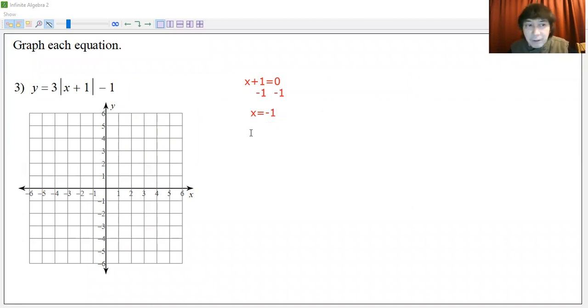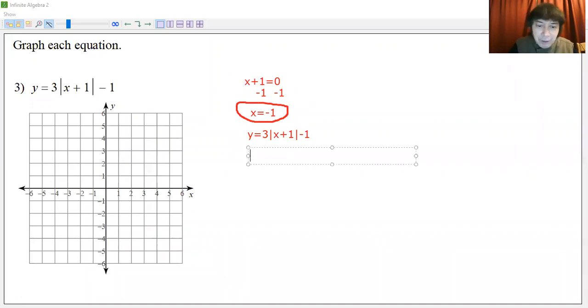We will now use this value of x in the function to compute for the y coordinate. We begin with the equation y is equal to 3 times the absolute value of x plus 1, minus 1. Using -1, we have y is equal to 3 times the absolute value of -1 plus 1, minus 1.